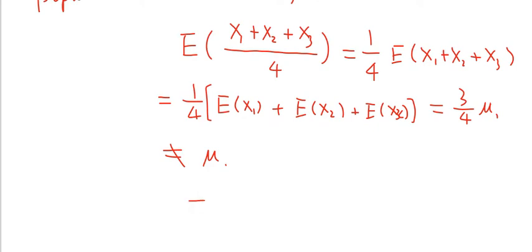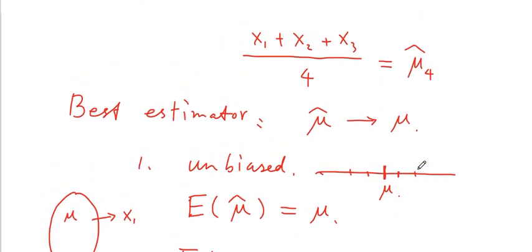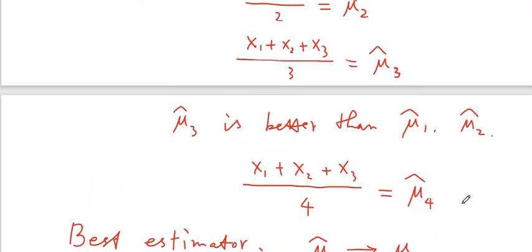But this one, x1 plus x2 plus x3 divided by 3, is unbiased, right? So we say mu3 is better than mu4, because mu4 is biased and mu3 is unbiased.